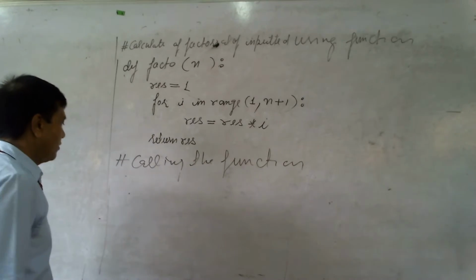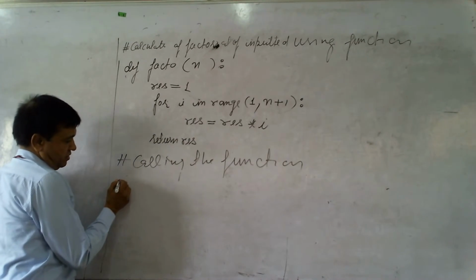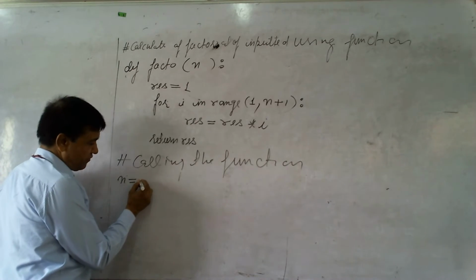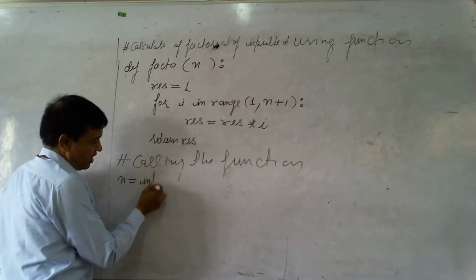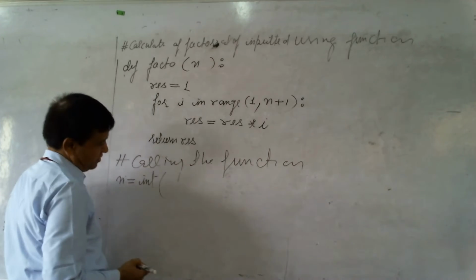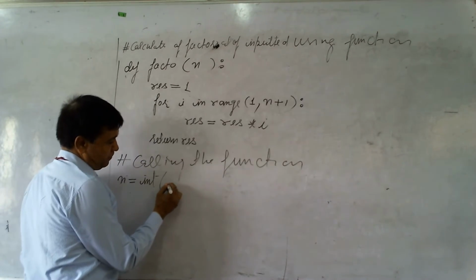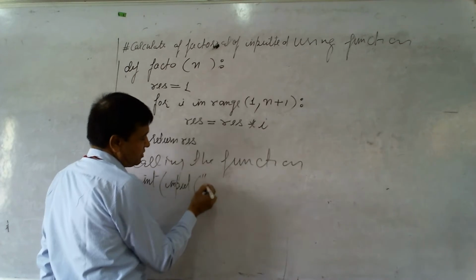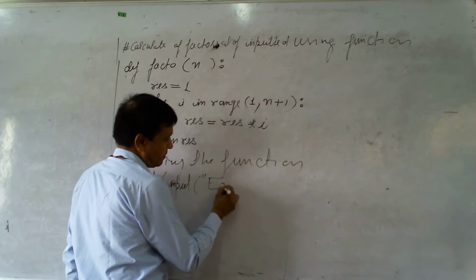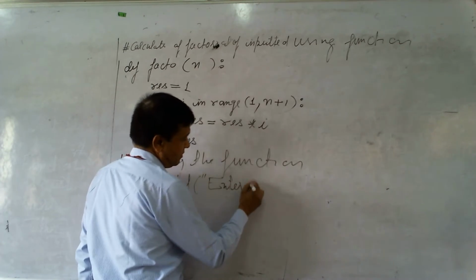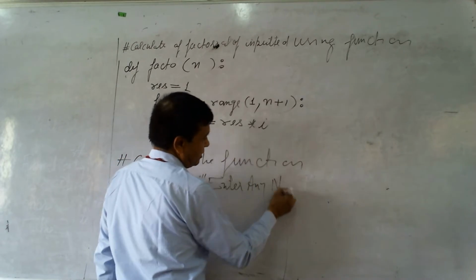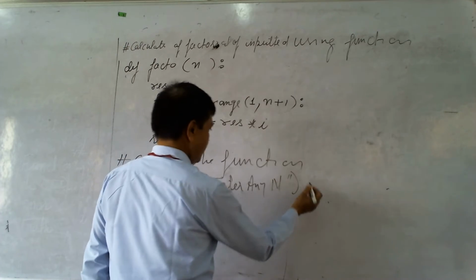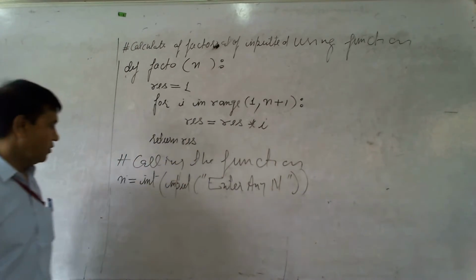Fine. I will input one value for which I have to calculate the factorial. This is the int function to convert the string value into integer format. This is the input function, enter any number. Fine.